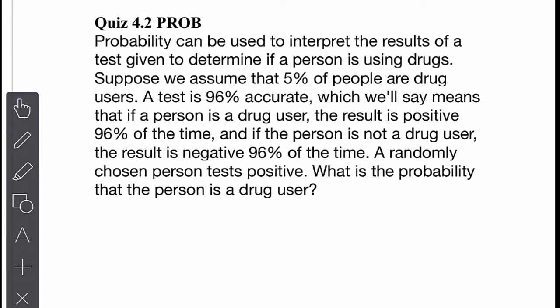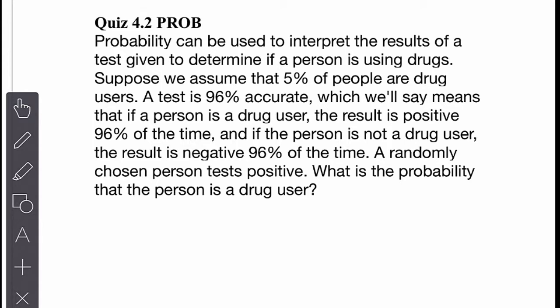So probability can be used to interpret the results of a test. So we talked about diagnostic testing, right? Given to determine if a person is using drugs. Suppose we assume that 5% of people are drug users. A test is 96% accurate, which we'll say means that if a person is a drug user, the result is positive 96% of the time.